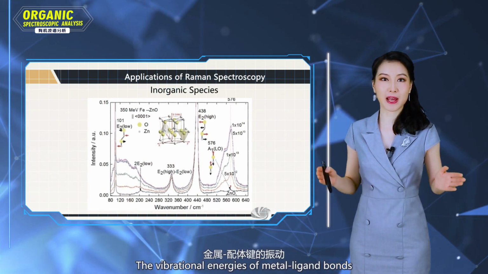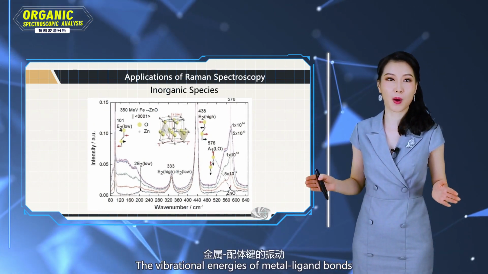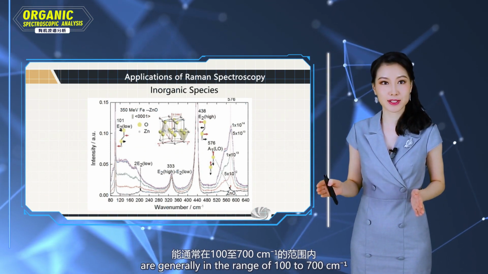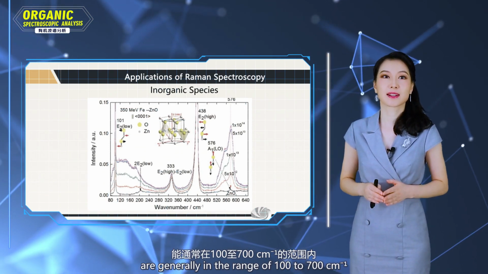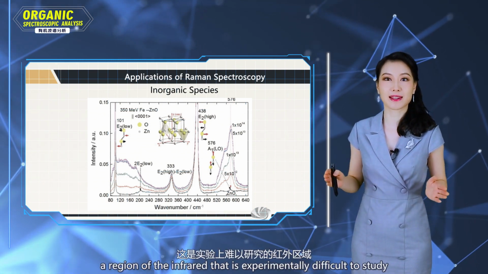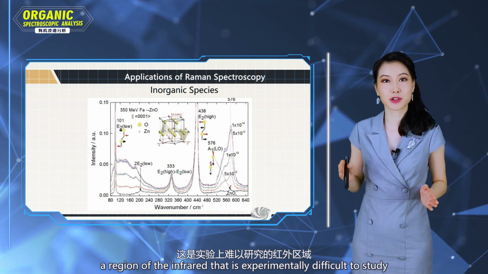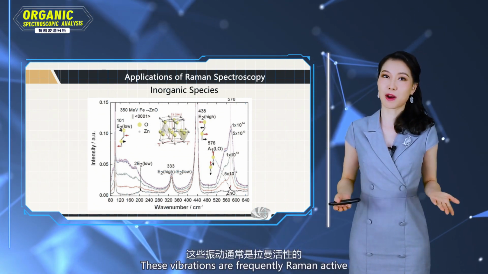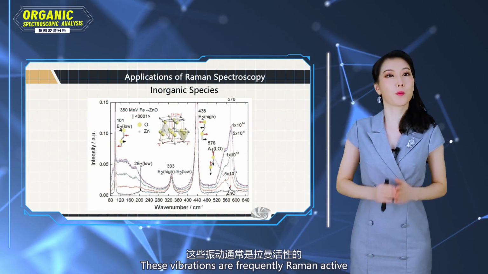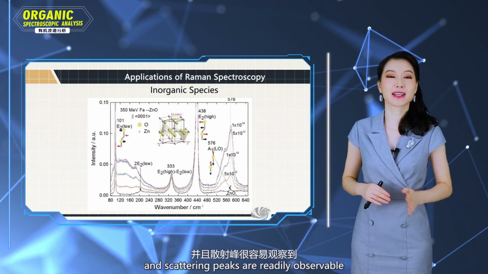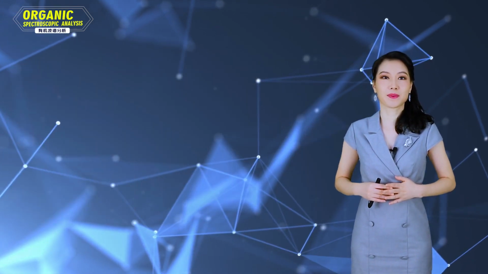The vibrational energies of metal-ligand bonds are generally in the range of 100 to 700 reciprocal centimeters, a region of the infrared that is experimentally difficult to study. These vibrations are frequently Raman active, and scattering peaks are readily observable.